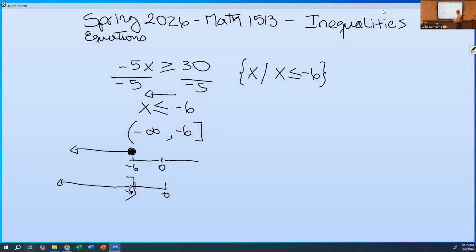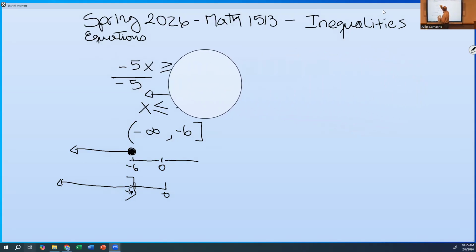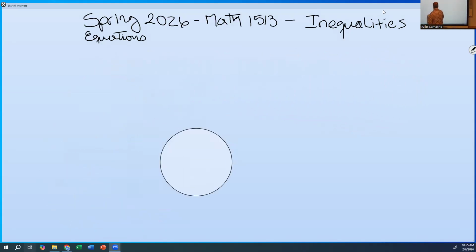Let's do one with multiplication. Multiplying both sides by a negative number, or dividing both sides by a negative number. I can erase that. Let's multiply both sides by a negative number. Let me find a good example. Yeah, that is a good example.